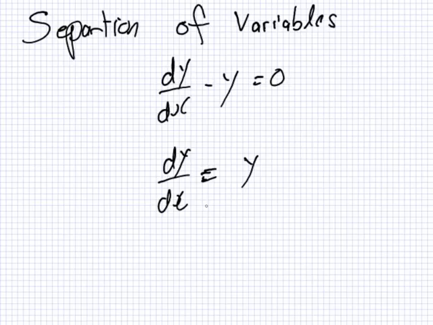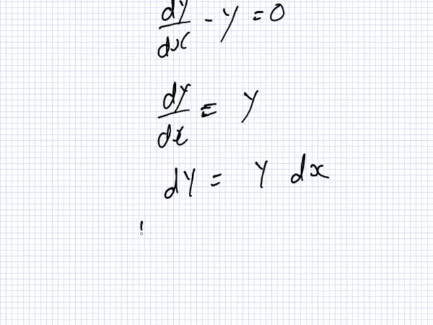The separation of variables says you put the y's on one side and the x's on the other side. So what you do is you bring the dx up to the right, and then you bring the y down to the left. So on the left are y's, and on the right are x's. Y to the left, x to the right.